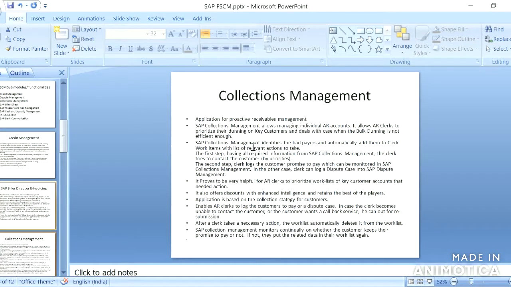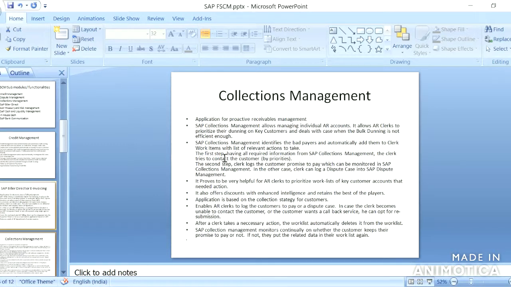SAP Collections Management identifies the bad payers and automatically adds them to the clerk's work items with a list of relevant actions to take. So what will collections management do? It will identify the bad payers and automatically add them to the clerk's list for follow-up actions.